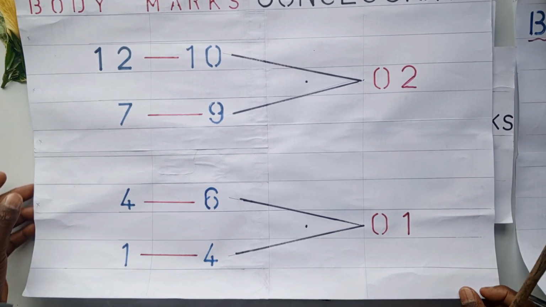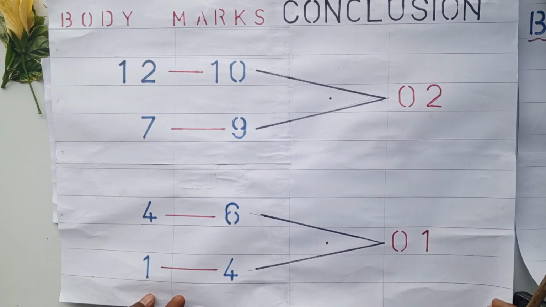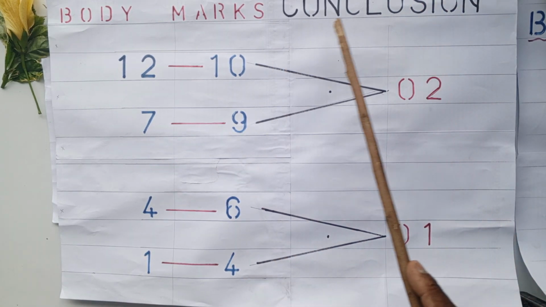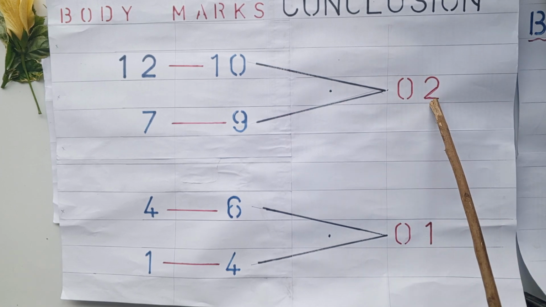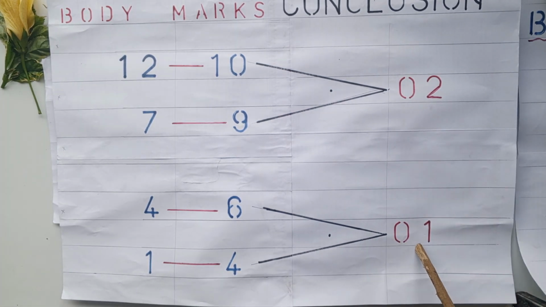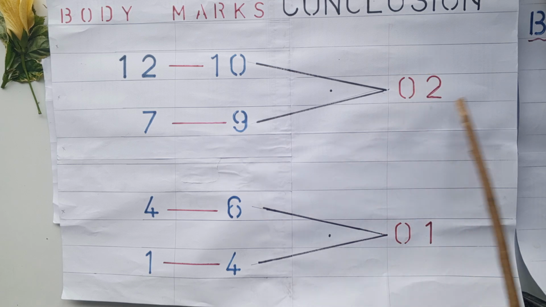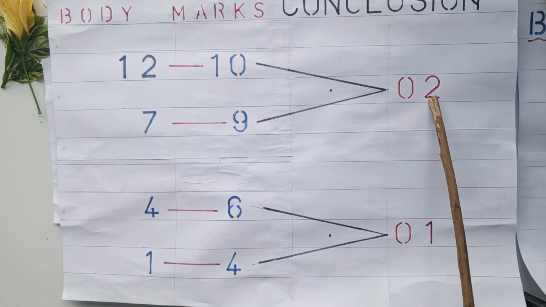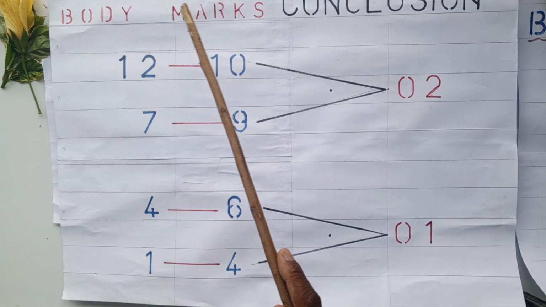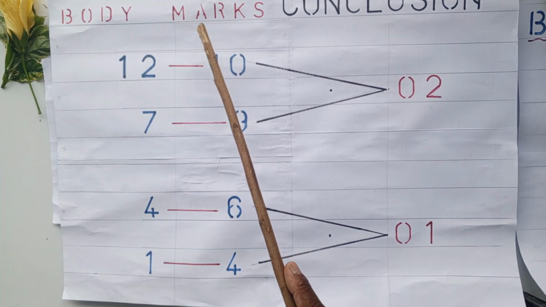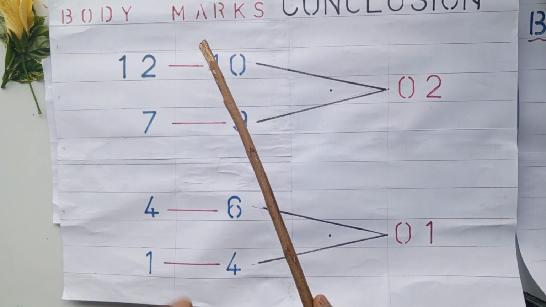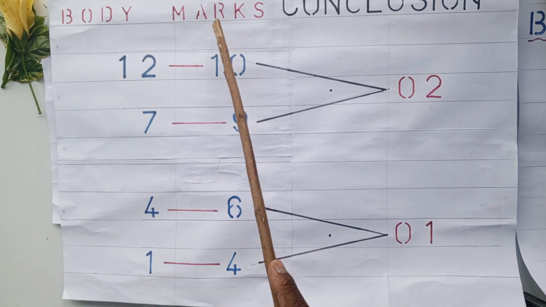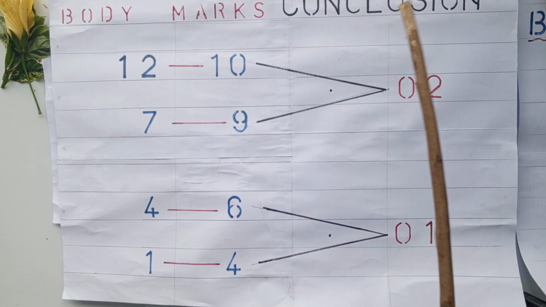This is the structure, and understand that in the conclusion you have 2 marks. You can get 2 marks, you can get 1 mark, or you can get 0 score. Why? What determines what you score in the conclusion is what I call body marks, the details in the body. We said that there are 4 paragraphs here, so the body marks dictate what you score in the conclusion.